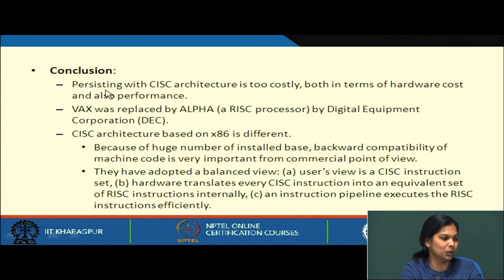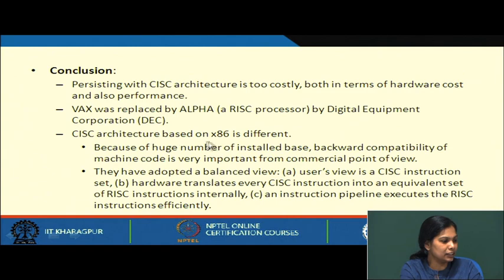So, the conclusion was that persisting with CISC architecture is too costly, both in terms of hardware cost and performance, and VAX was replaced by Alpha, which was a RISC machine. So, they moved from CISC to RISC after such a study. This was a machine by DEC.